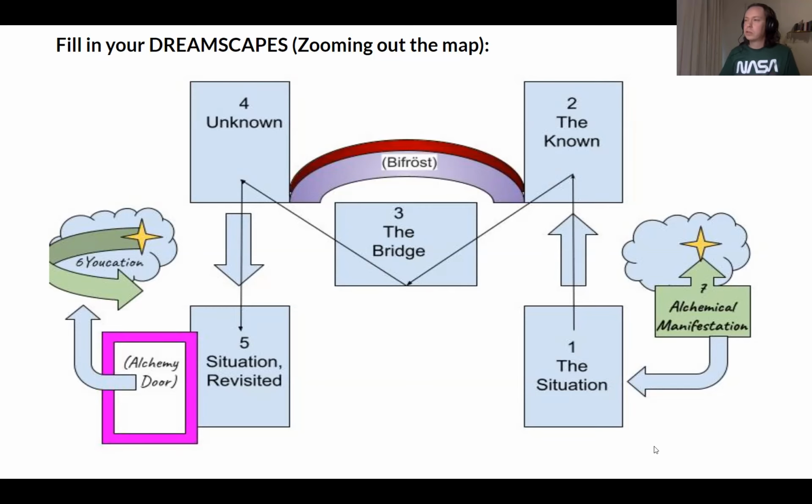I could also mention the bridge, again, isn't literal. It's just sort of a liminal space. So it can be whatever works for your setting. A tunnel or a portal, anything between the known and the unknown.